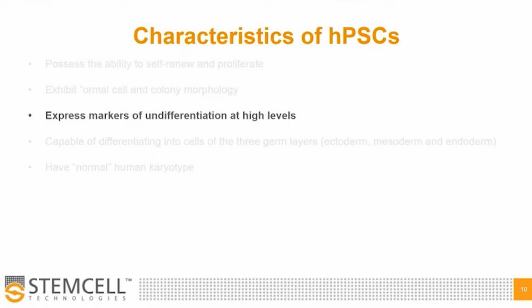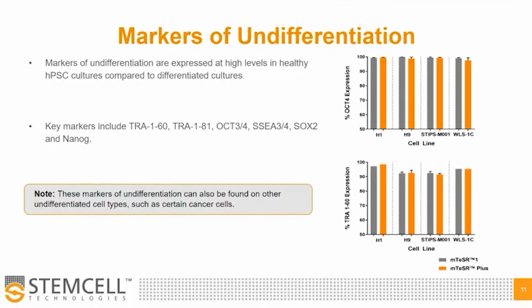hPSCs express markers of undifferentiation at high levels. Markers of undifferentiation are expressed at high levels in healthy hPSC cultures compared to differentiated cultures. Common markers that researchers look at include Tra160, Tra181, OCT3 and 4, SSEA3 and 4, SOX2, and NANOG.